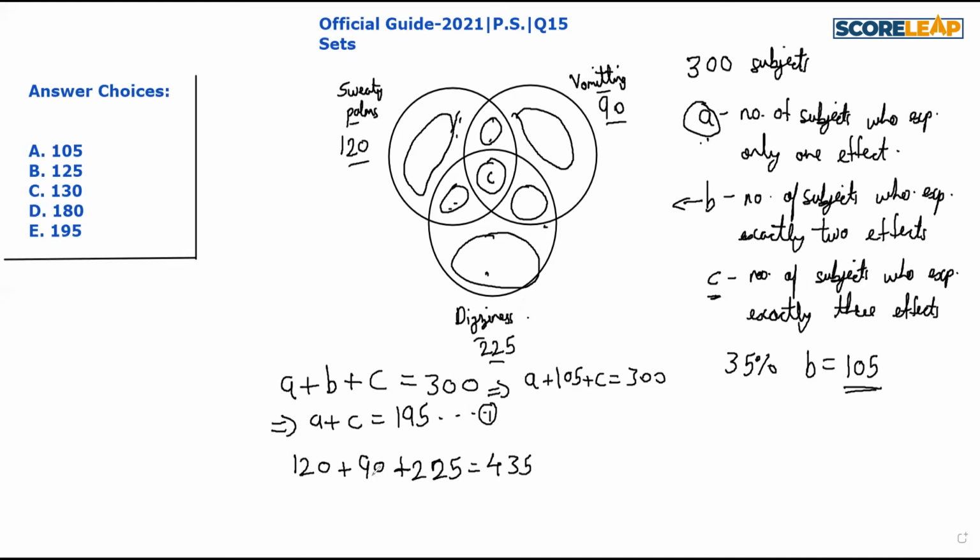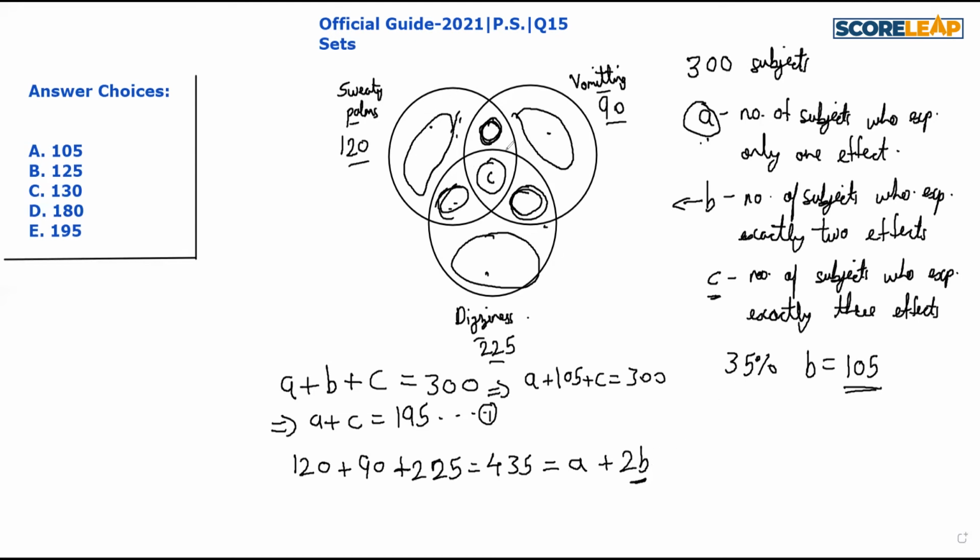Yes, it is possible, because whenever we counted the number of sweaty palms and dizziness, we counted this part twice. Similarly, whenever we counted the number of people who experienced sweaty palms and vomiting, we counted this part twice. Similarly, this part twice. So this equals A plus 2B, meaning the subjects who experienced exactly two effects were counted twice.